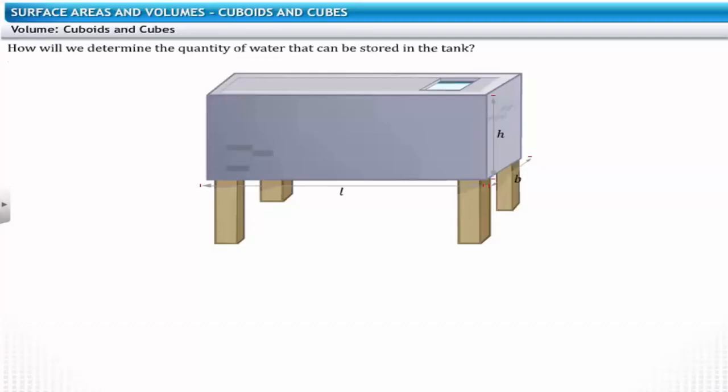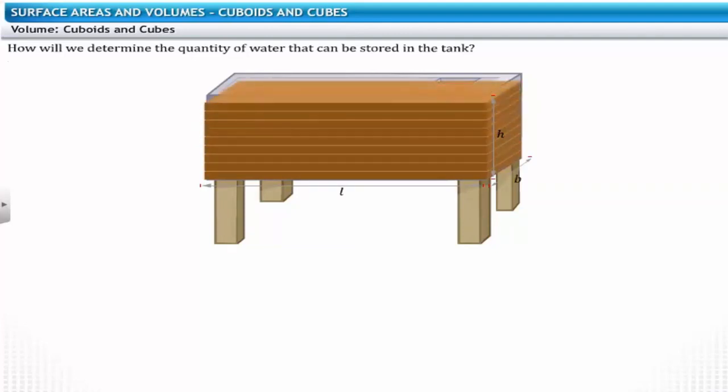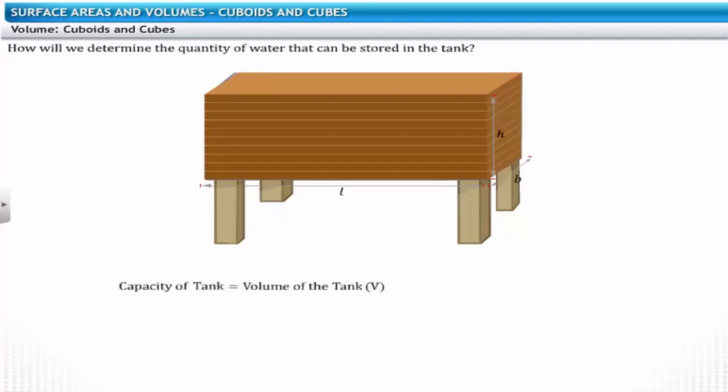Let's imagine the water tank is made up of H number of rectangular sheets. The space occupied by one sheet, or the volume of one sheet, is equal to the area of a single rectangular sheet. Similarly, the volume of H sheets will be H times the area of a single sheet.